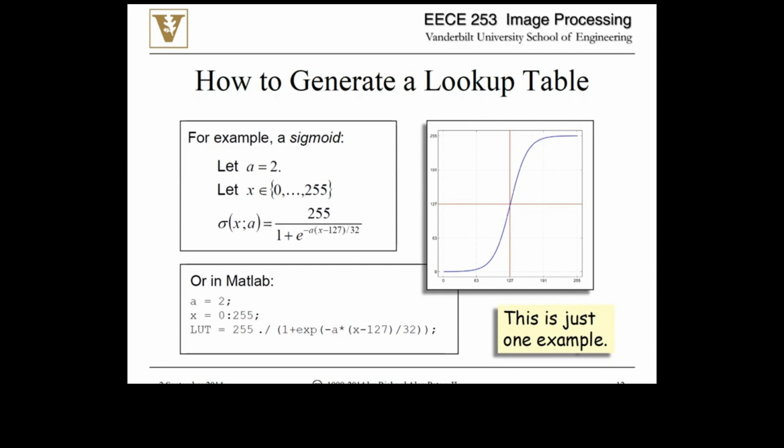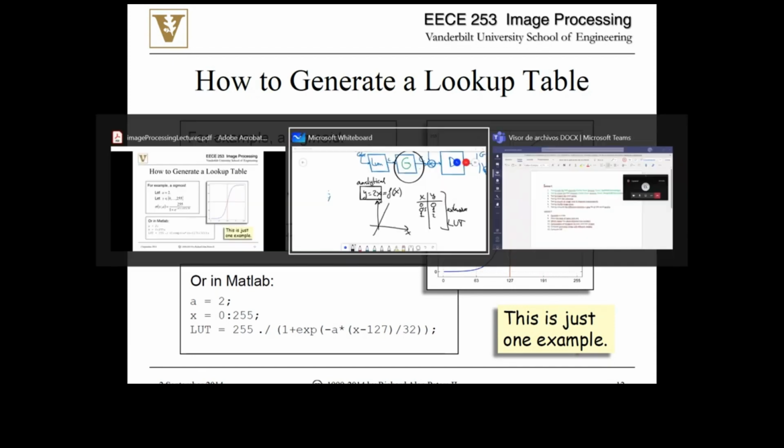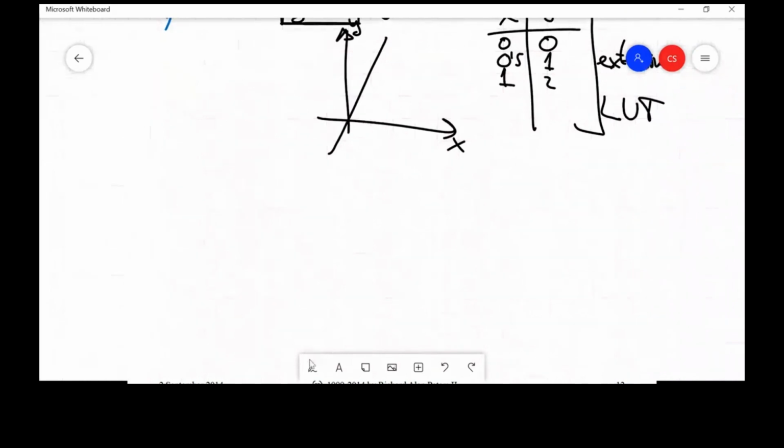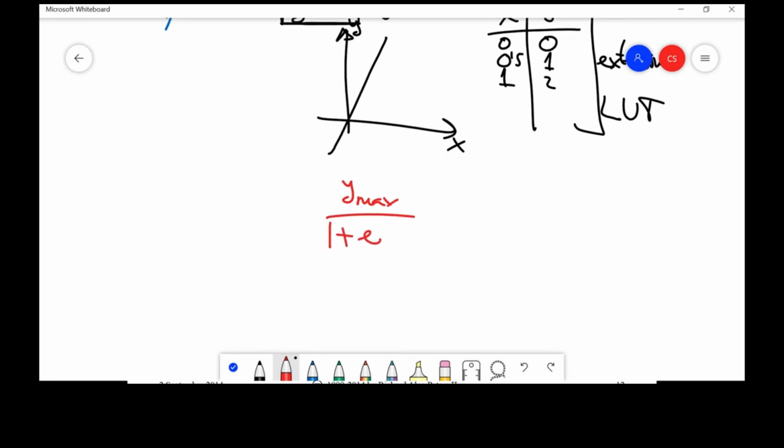And this happens always. Let's go to the whiteboard. If I have a function that is y max divided by 1 plus exponential of x minus x0, this is f of x.